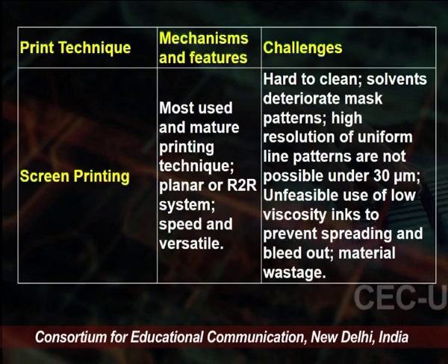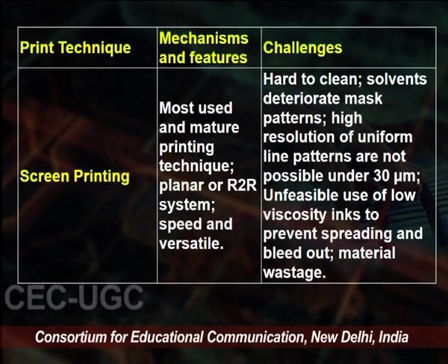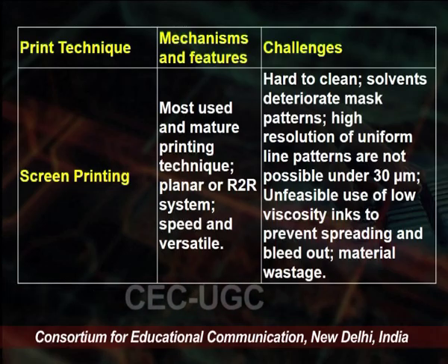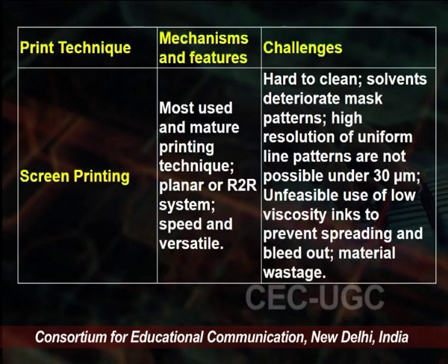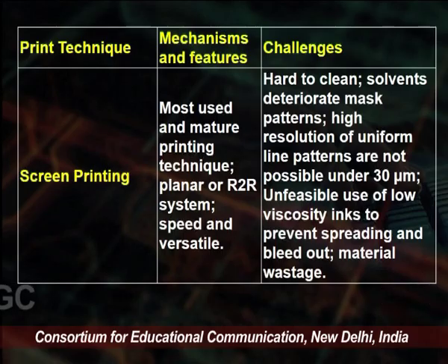It is hard to clean, solvents deteriorate the mask patterns, and high resolution uniform line patterns are not possible under 30 micrometers. The use of low viscosity ink is unfeasible to prevent spreading and bleed out, so material wastage is common in this type of technique.